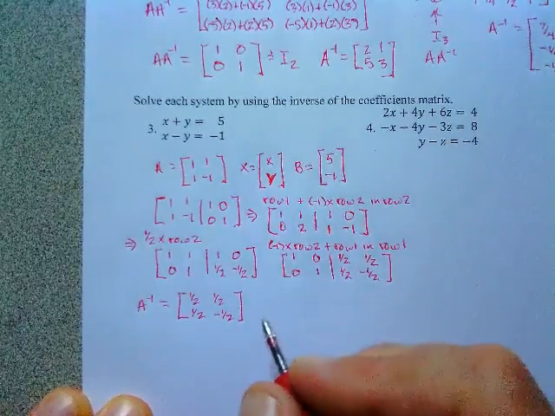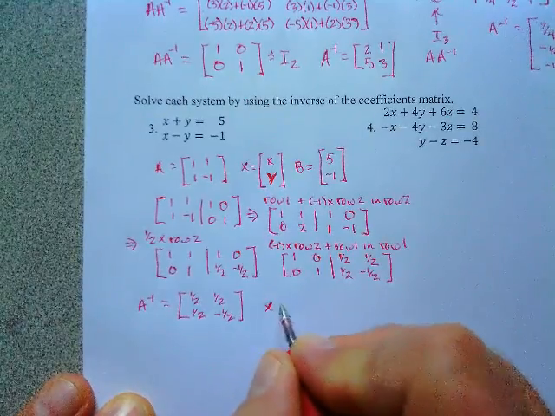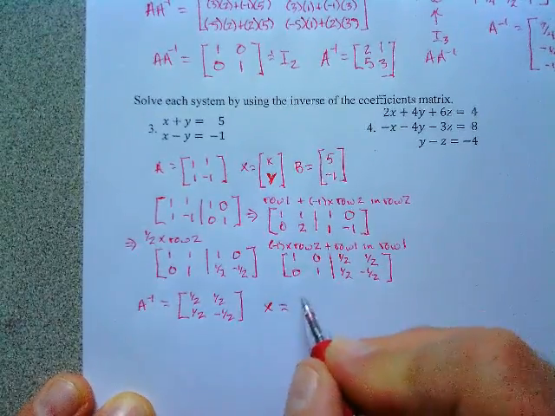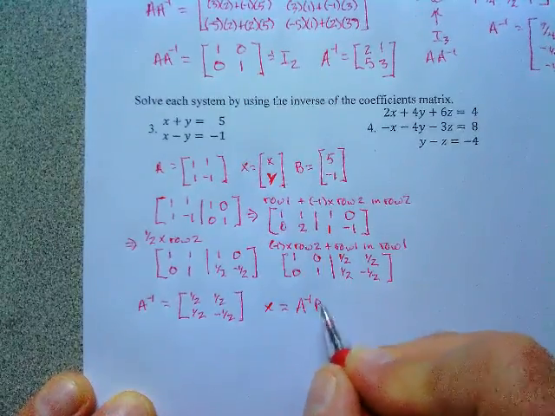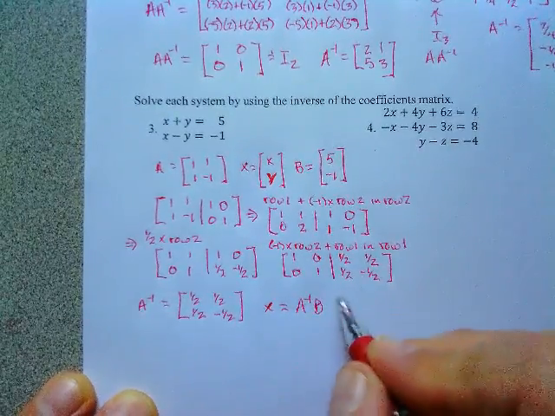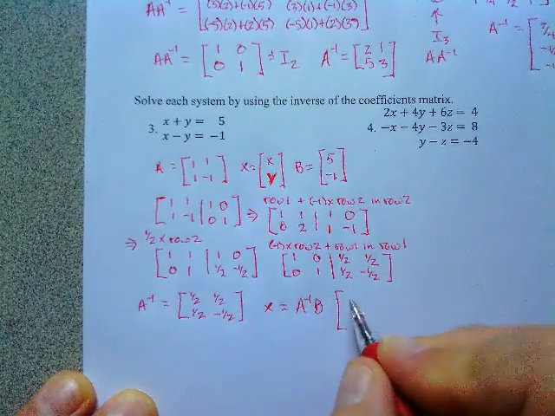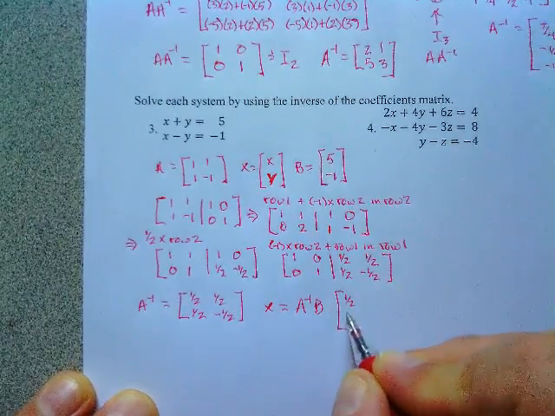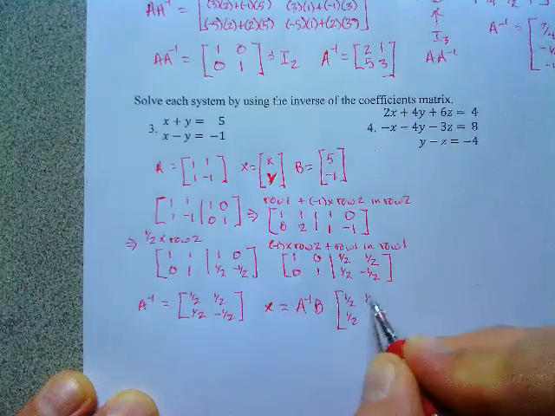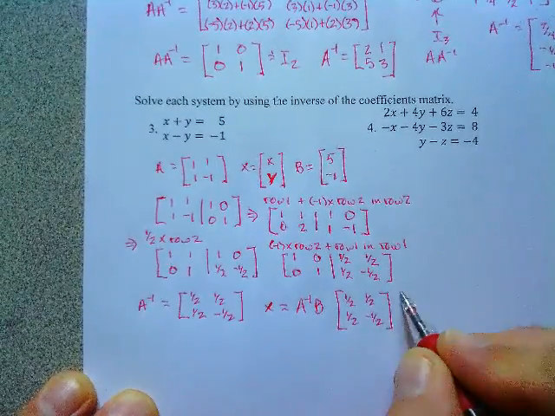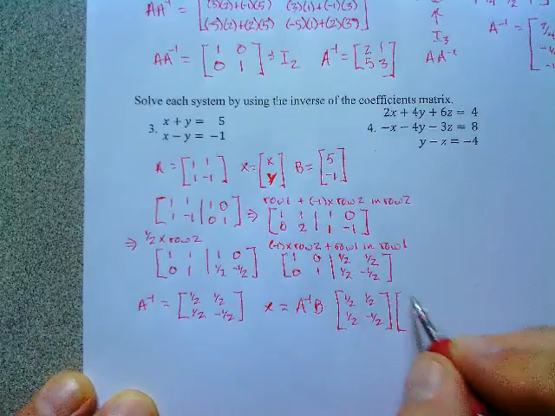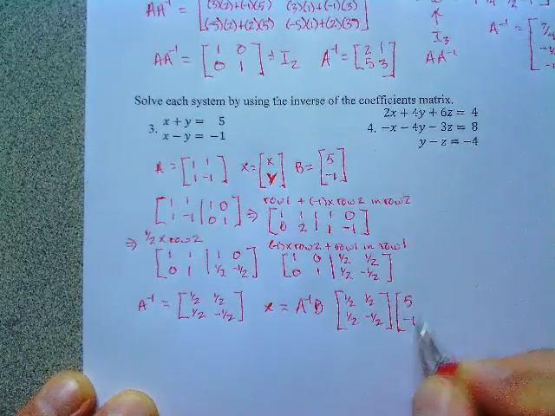So x will equal the inverse times b. So, we're going to take our 1/2, 1/2, 1/2, negative 1/2 times 5, negative 1.